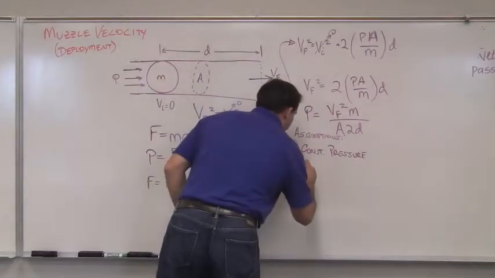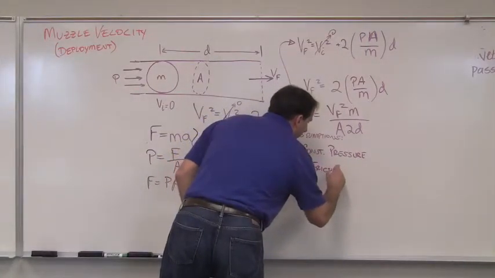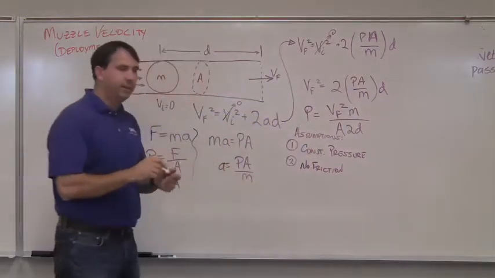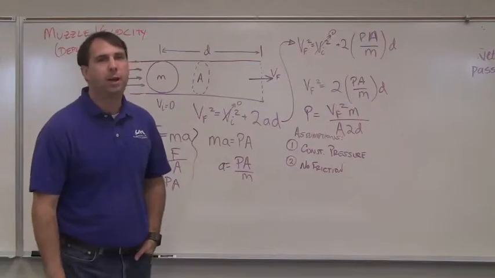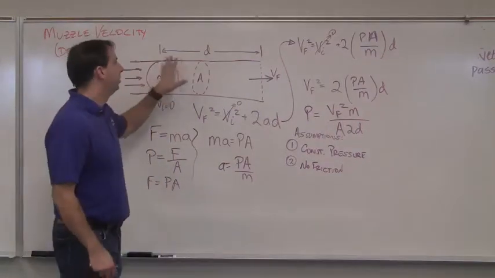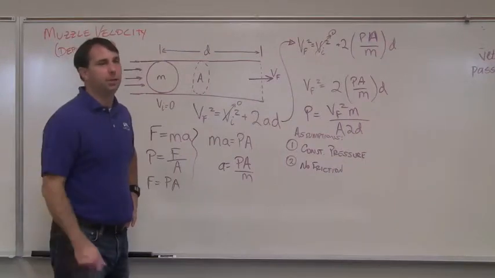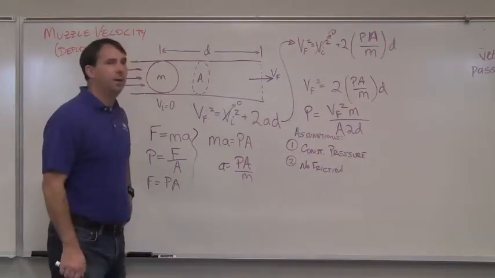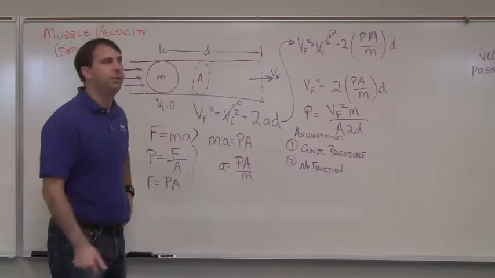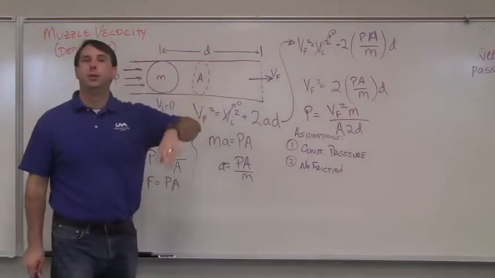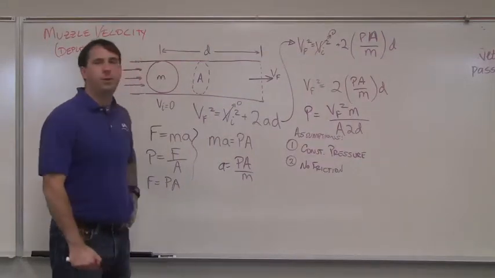So we assume no friction. Is that a good assumption? It's iffy. It depends on what the materials are made of. And again, with a high pressure and a short barrel like you're going to have, it's not that bad of an assumption. It becomes a very difficult problem to solve if we have to integrate friction in there, because friction is going to change as you go down the tube. Again, no friction is what we assumed.